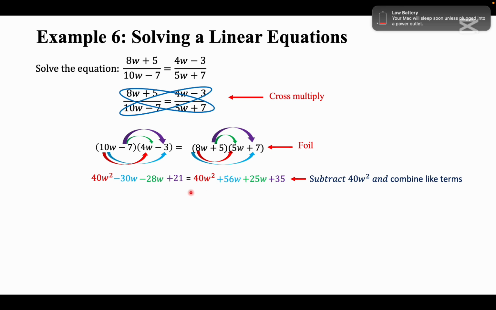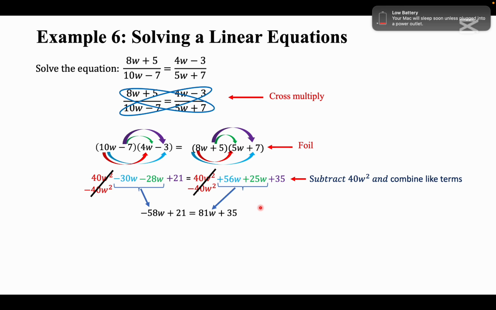Since they both have that 40w squared, if we subtract that, it's going to disappear. They cancel out. So what we're left with is we can combine those two, right? That gives me a negative 58w plus 21 equals, if I add those two, 81w plus 35.